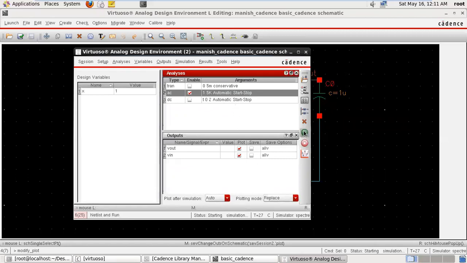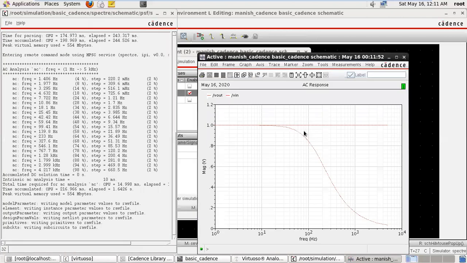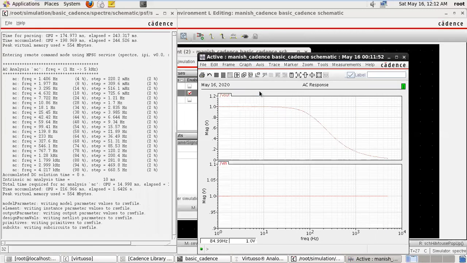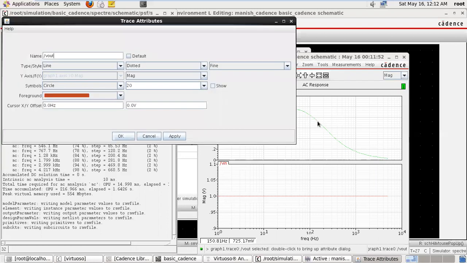Okay. Run the simulation and see what happens. So see, an important result. See the magnitude of the input voltage is 1 volt. Okay, and this is my output voltage. So just double click on this. Bold.